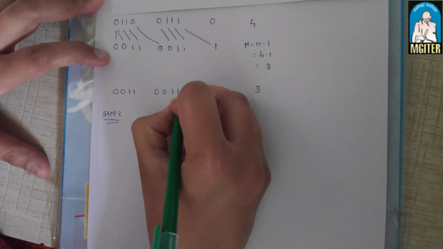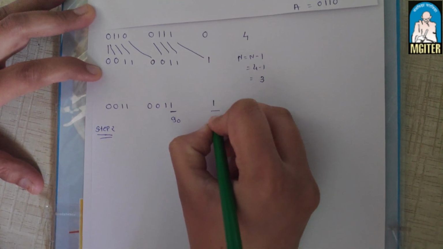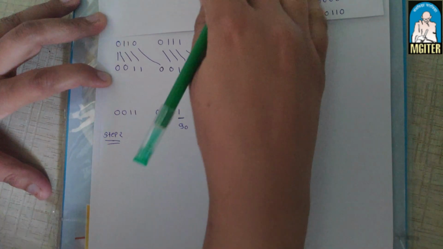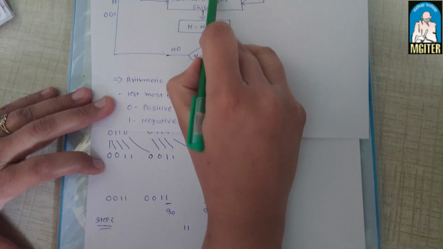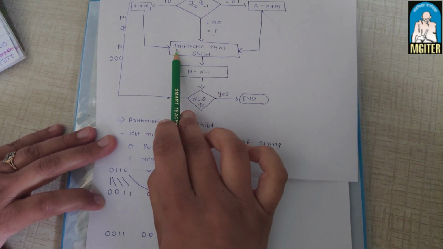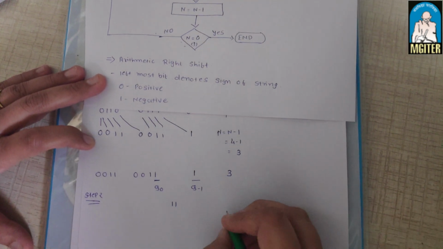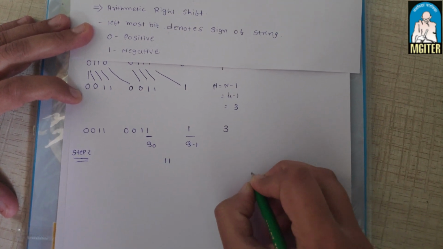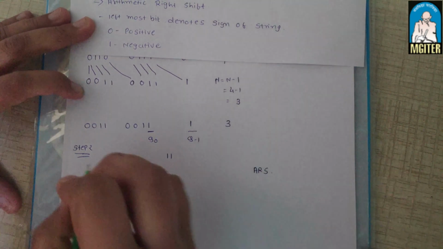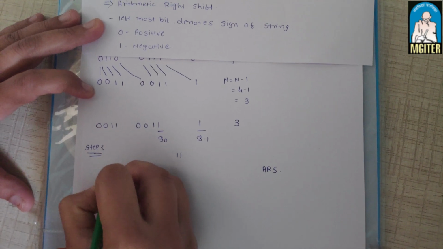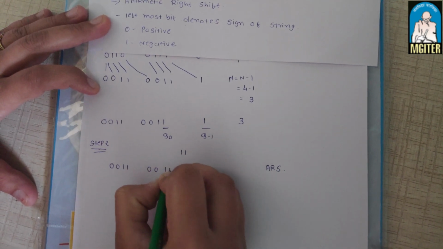Now in step 2, again we have to check this Q0 and this Q minus 1, which is 1, 1. According to our algorithm, if we have 1, 1 then we directly perform an arithmetic right shift. So this is 0, 0, 1, 1, 0, 0, 1, 1 and 1.